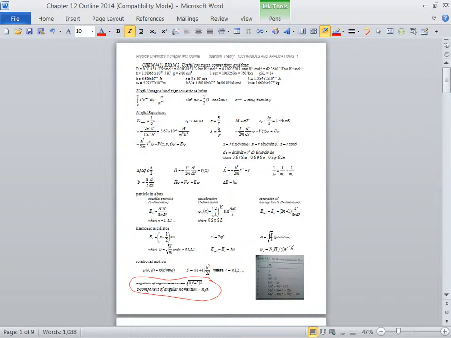What else have we done? What were the common operators that you could see in a homework question where I could ask about the expectation value or the average? Okay, there's p hat. There's h hat. P hat squared.